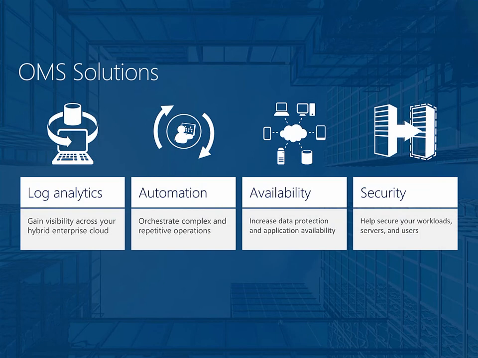So briefly, OMS solution currently consists of 4 pillars. So basic is log analytics, which we covered last time. Then there is availability, which is backup and disaster recovery, so Azure backup and disaster recovery. And then on top of analytics, we have security. So log analytics gets all the information from various systems.